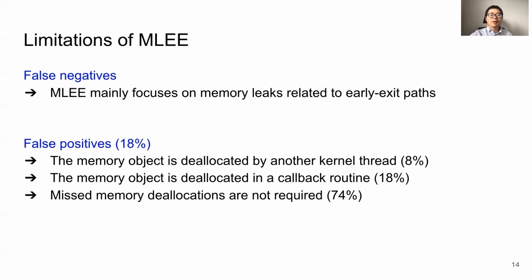For example, a memory deallocation missed on an early exit path may be invoked in a callback routine or by another kernel thread. More accurate and semantic-based static analysis are required to eliminate these false positives. We leave this as part of our future work.